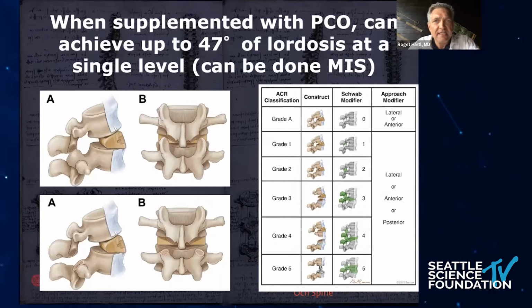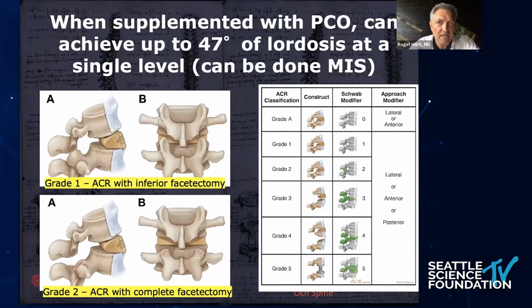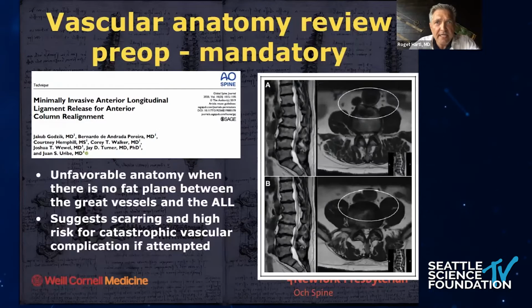You can maximize the amount of lordosis restoration that you can achieve with expandable technology and with hyperlordotic cages. Now, the risks are potentially significant, though. You have to obviously look at the vascular anatomy. You have to look at the bony anatomy. So I think that all these technologies come with a significant risk to patients, and I think we cannot underestimate that.